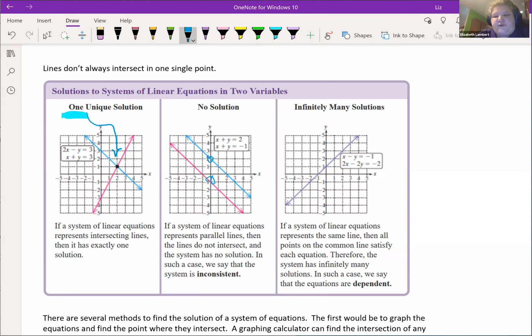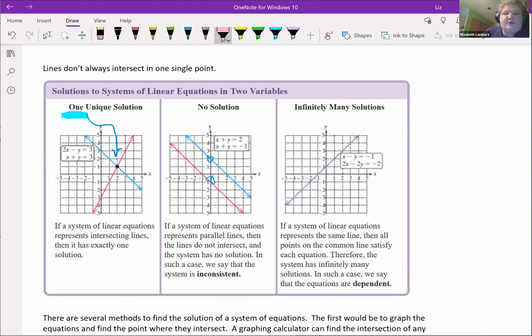Yes, they literally took the first equation and multiplied by 2. There's the second equation. So if I solved these for y, they would look exactly the same. What we're going to see is using our other solution methods, we're going to work through some algebra and arrive at an odd answer. And we just have to learn how to interpret those answers.